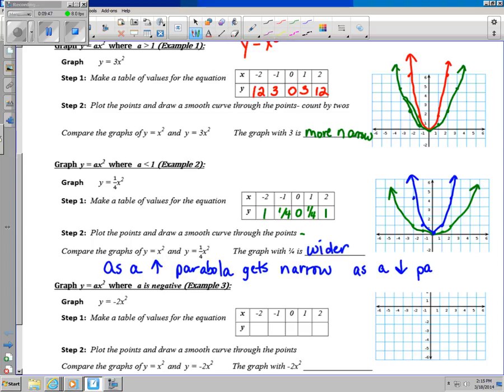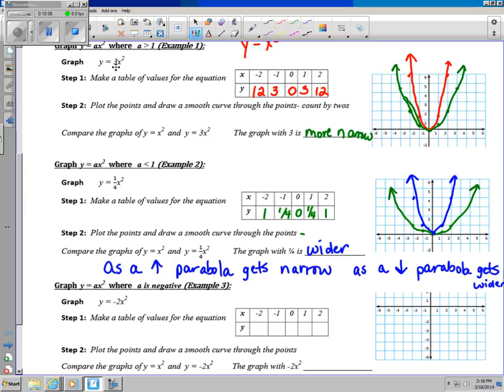The parabola gets wider. Okay, that's a key concept to remember. Okay, so there's our first examples.